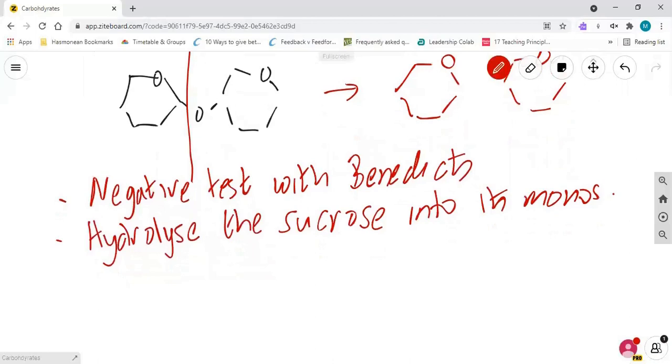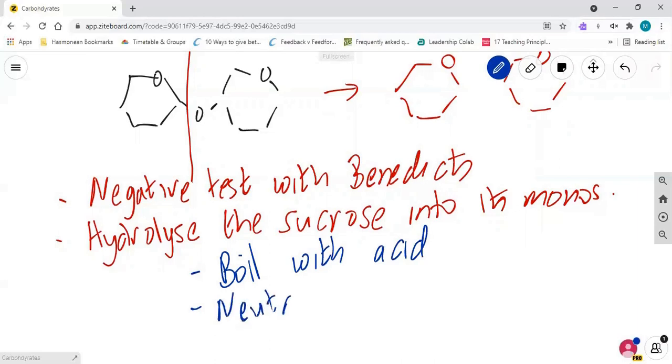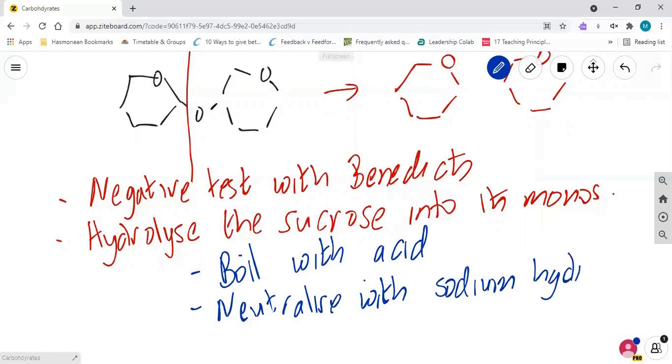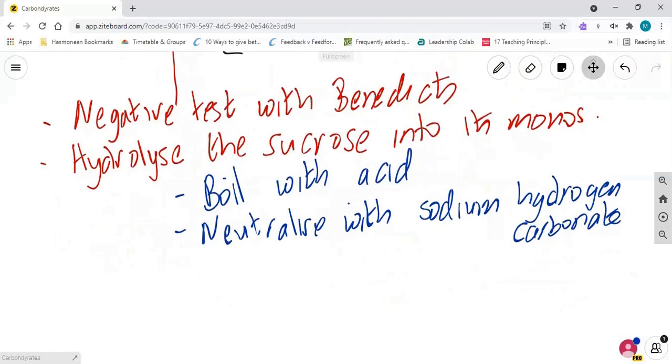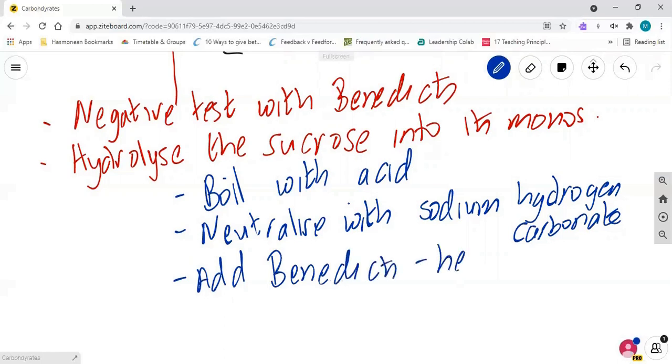Right, well, there are a couple of different ways you can do it, but the way we tend to do it is you're going to boil with acid. You're then going to neutralize with sodium hydrogencarbonate or sodium carbonate or sodium hydroxide, whichever one you want, doesn't really matter. And once it has been boiled with acid and then neutralized, then you can add Benedict's and heat, and then it goes brick red.